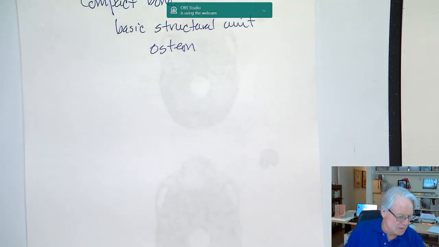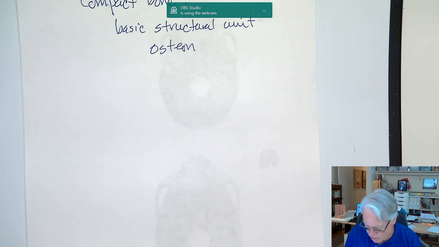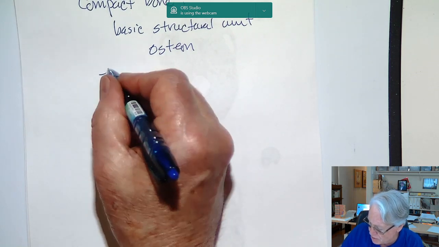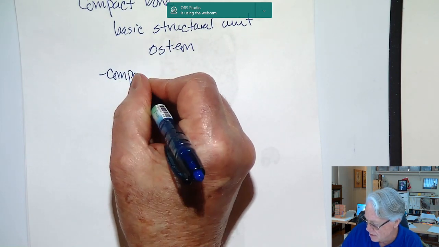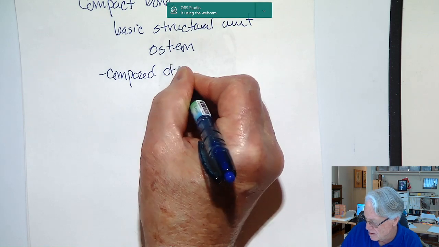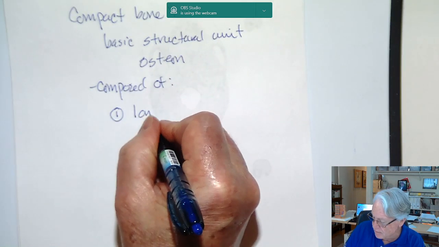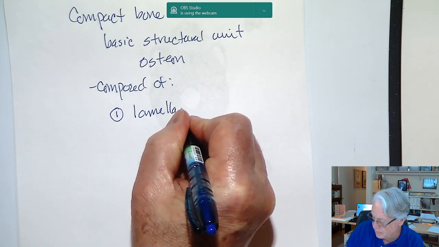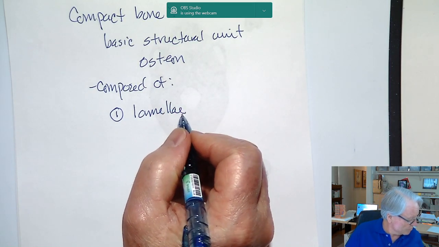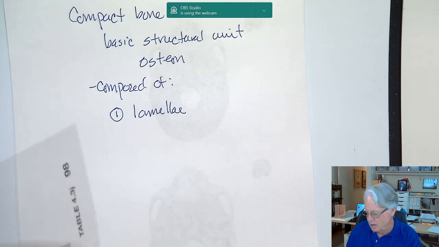Let's go ahead and add some information then in the way of our notes. So the osteon is composed of a number of structures. The lamellae, let's go back to that. I want to show you what that lamellae is.